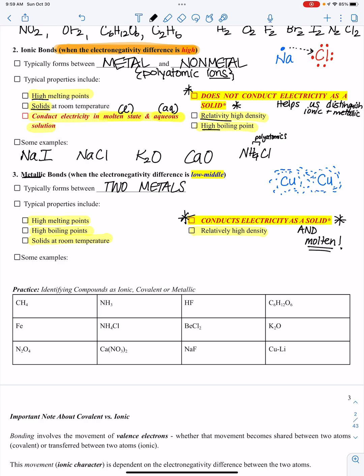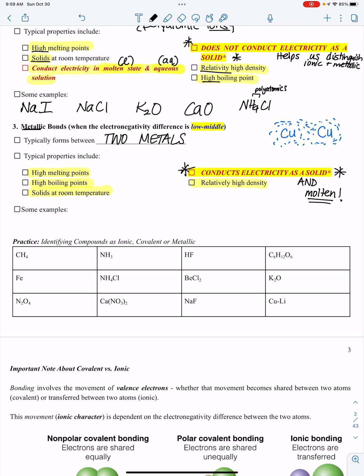But ionic substances do not conduct electricity as a solid, so remember that. And then some very simple examples for metallic: the element Fe, the element copper, even something like manganese and chromium. Just examples here. I do want to say that the lecture is done here, and I just want to make a note of some examples.